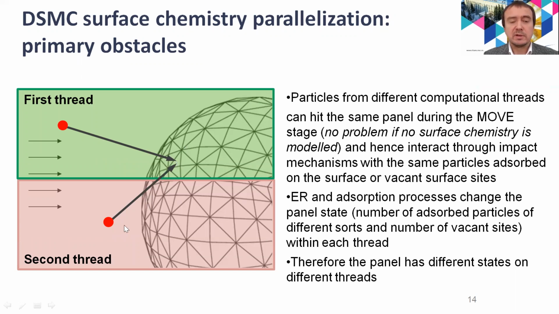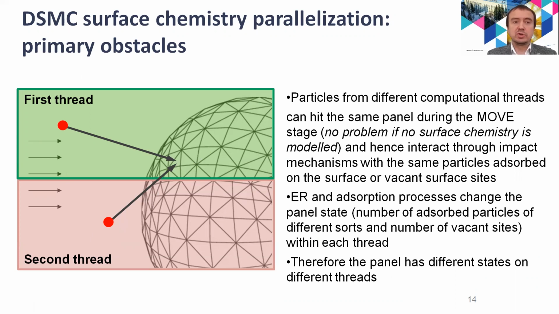The problem with modeling surface chemistry is that we should know the state of the panel. We should know the surface densities of the different species at the moment of interaction. We should know their surface density of vacant active sites. And these parameters are changing during the time step, during this move stage, when the moving particles, after each interaction, change these parameters.